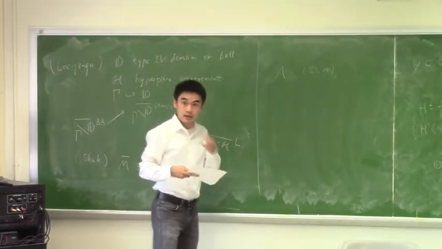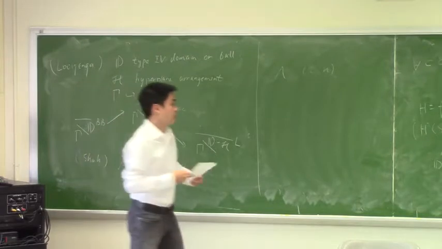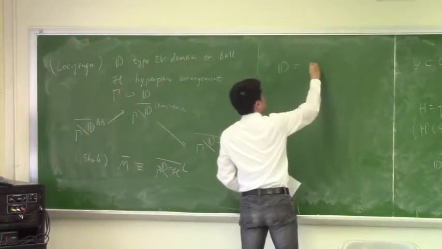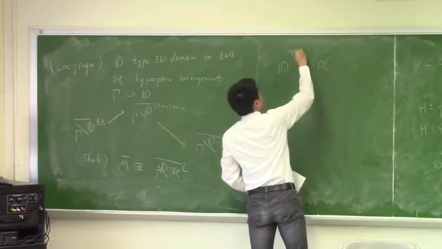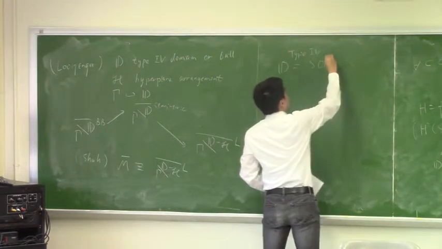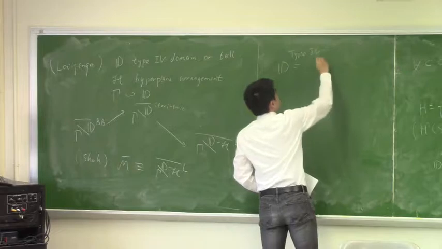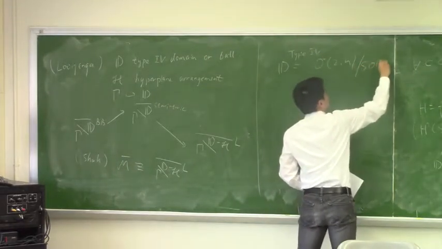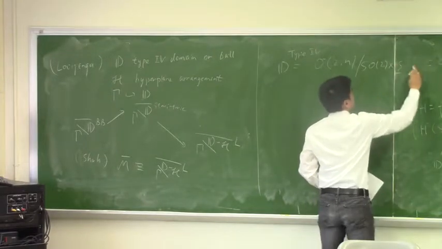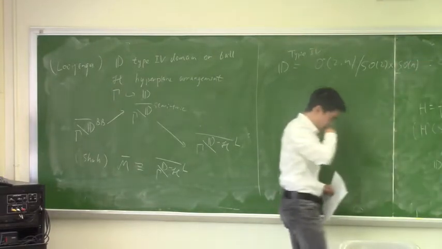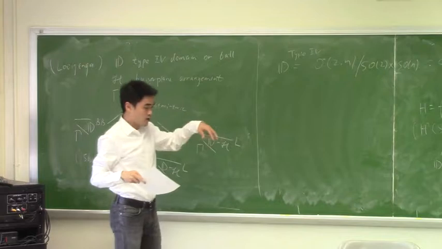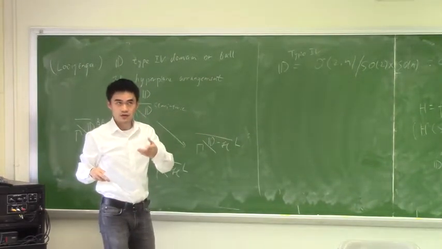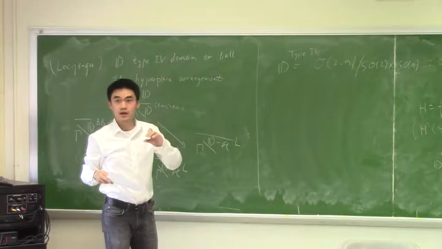Just SO(2,n) modulo maximal compact. Oh yeah, just write it here. So it is type 4. When n is odd and even, it corresponds to type B and D in the Dynkin diagram.